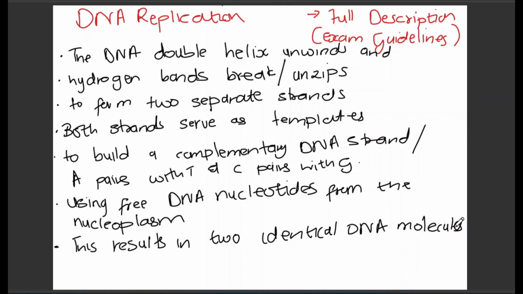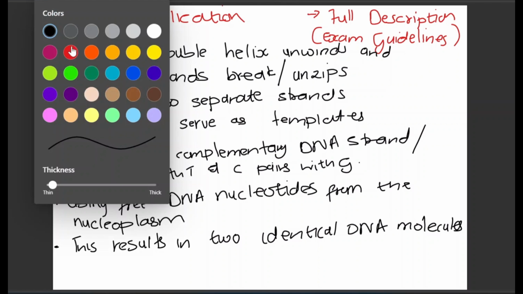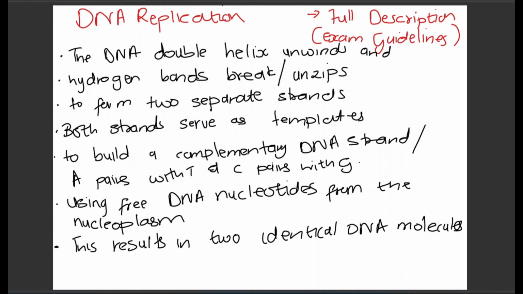Now, let's talk about how this whole process is marked and also some common mistakes that you need to avoid. From the first point, you need to mention that you're having the DNA double helix molecule and that it unwinds. Very important. And the hydrogen bonds break, or you can just say the molecule unzips for the second point.